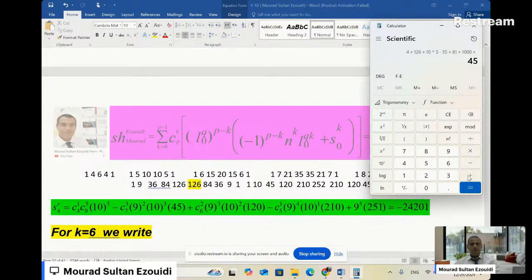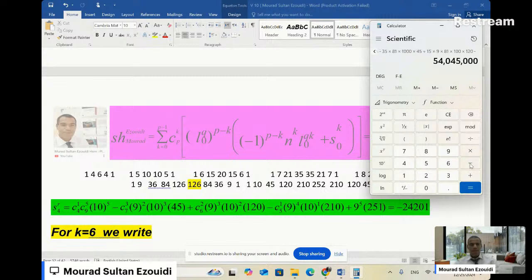Plus 15, because 6 choose 2 is 15, times 9 cubed, so 9 multiplied by 81, times 100 multiplied by 120.